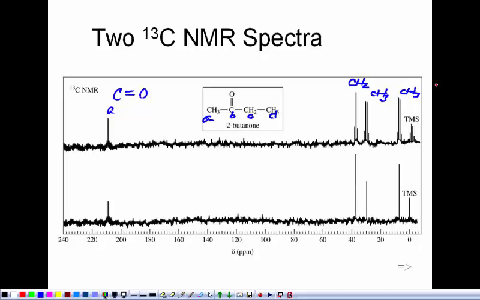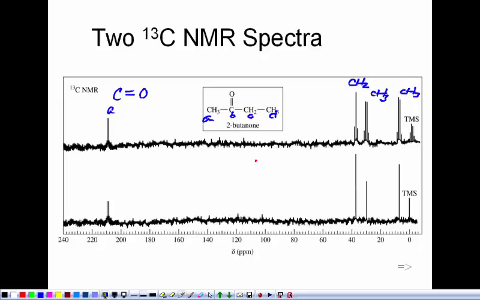So most of the time we actually don't run undecoupled, we run what's called decoupled, and we can explain that later. But the idea is that the carbon can give us the pieces.